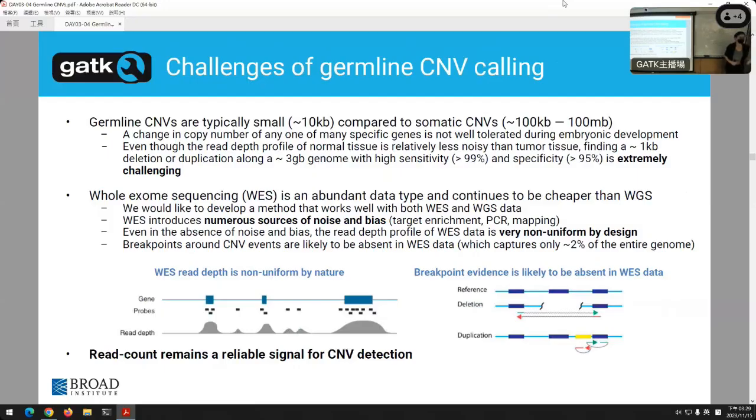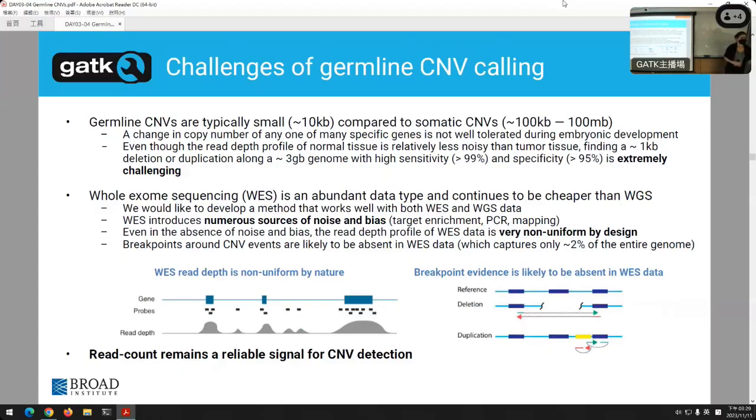Also, we would really like to develop a method that works with both exomes and genomes. We still have a lot of whole exome data that we're working with, and we'd like to be able to call copy number variants from that data. But in whole exomes, the read depth is very, very noisy.